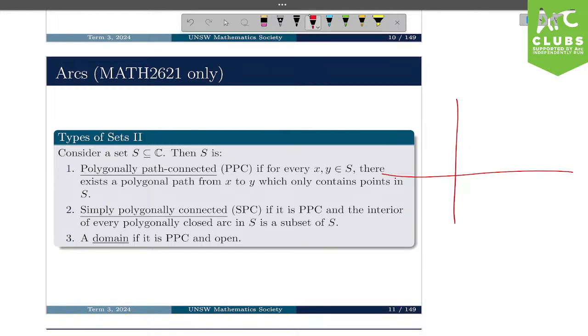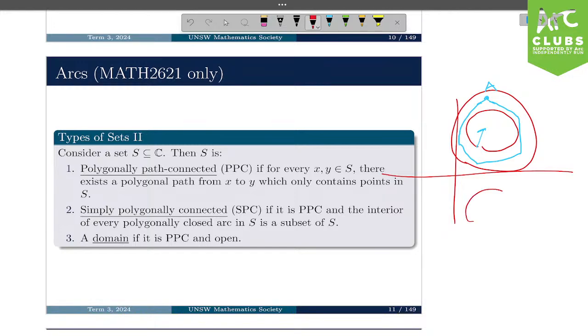If we go back to our annulus here, we need the interior of every polygonally closed arc in S to be a subset of S. So if we take this closed path here, starting and ending at A, not everything on the inside is going to be in S. We have this hole here, so we can see that this isn't simply polygonally connected.